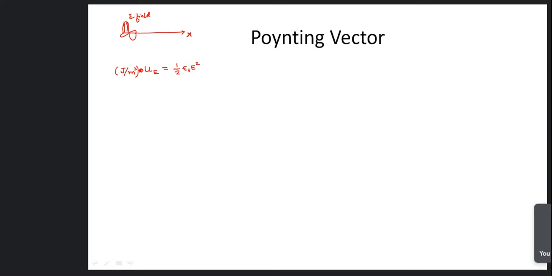Charging discharging is happening, so we say that charge grows on the plates, and then electric field varies, and then energy density, energy per unit volume between the plates of the capacitor is half epsilon naught E square, where epsilon naught is permittivity of free space and E is electric field.